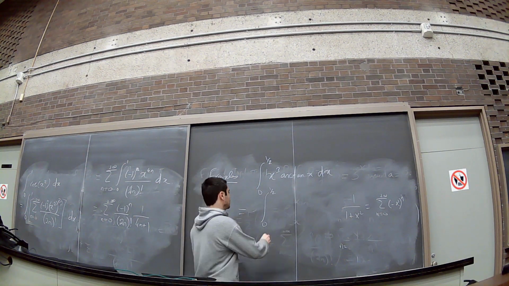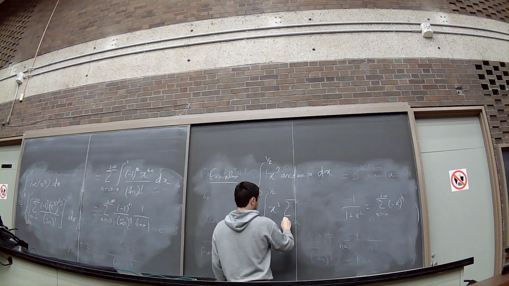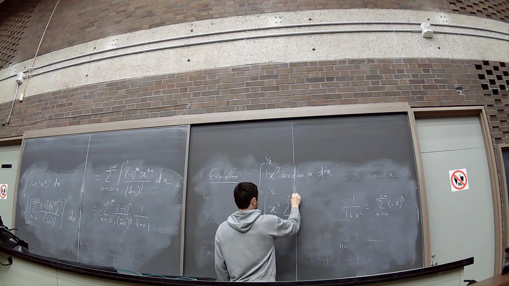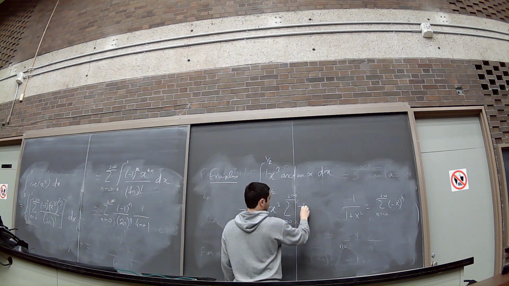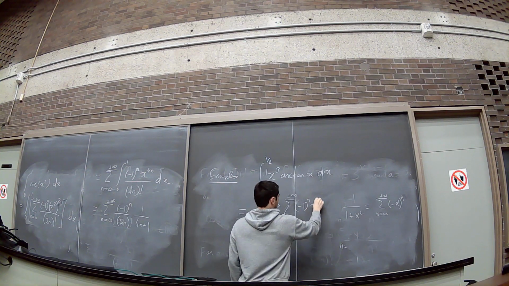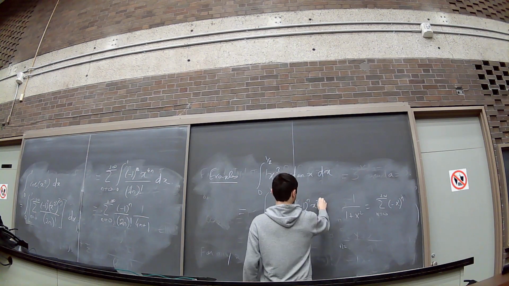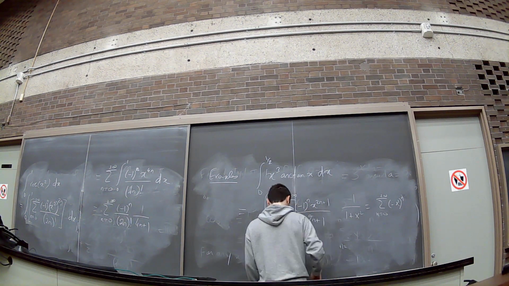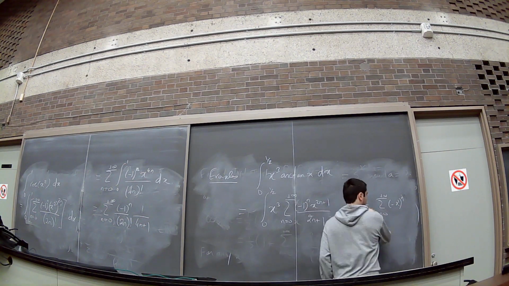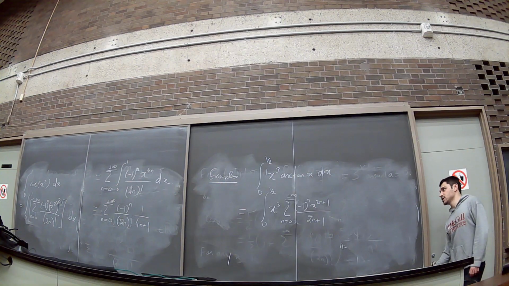Minus 1 to the n, so you get x cubed... x to the 2n plus 1, right? Is that right? Is that what you had before?